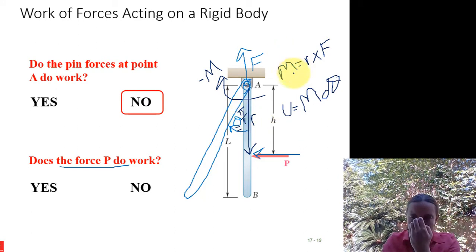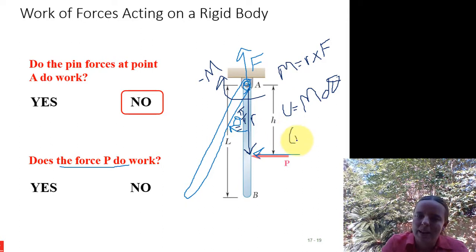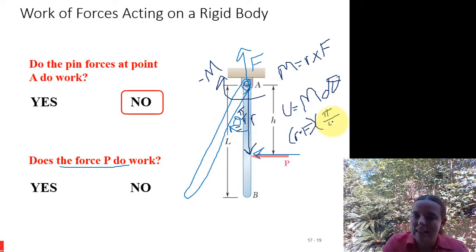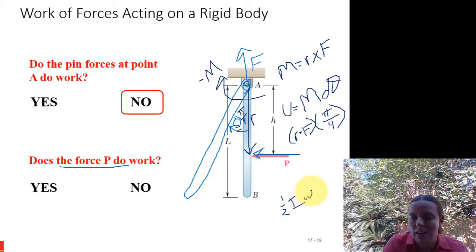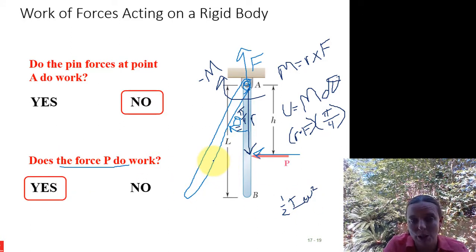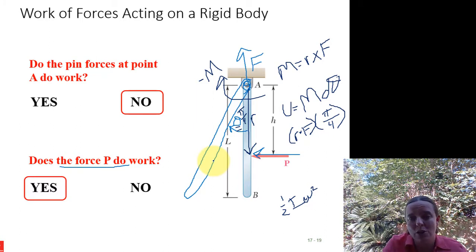So then we would take this moment and multiply it by that change in radians, and that would create some rotational motion, right? So the motion it creates, instead of 1/2 mv squared, we're going to be looking at 1/2 I omega squared in this case. So for this case, the force, yes, it does do work, and it's creating this rotational motion.